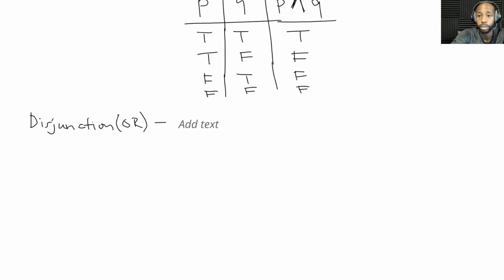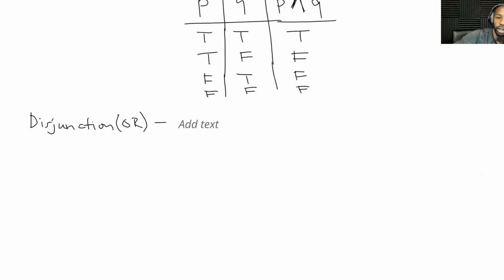Now, for a disjunction to be true, at least one of the statements must be true. And if you think about that, it makes sense.